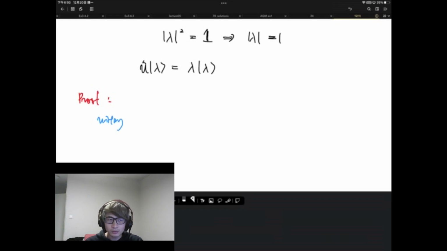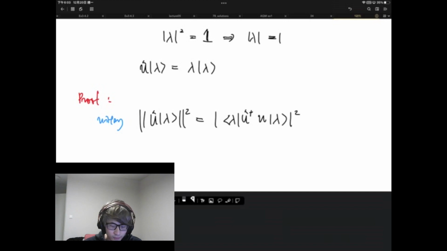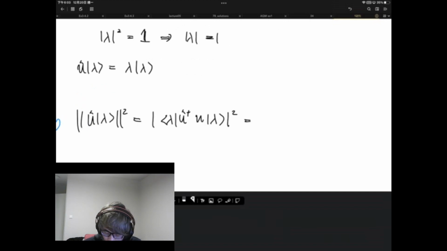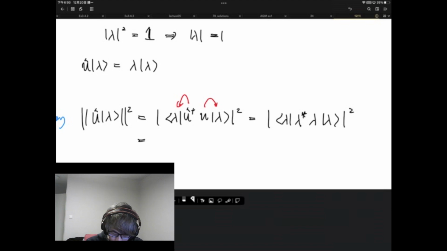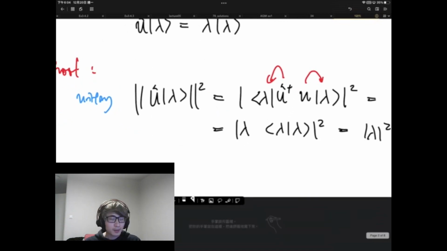We get this magnitude, lambda, U dagger U acting on lambda squared, and now we have lambda and lambda star, because this dagger acts on the bra and this unitary acts on the eigenstate. So that is lambda squared in the eigenvalue perspective.